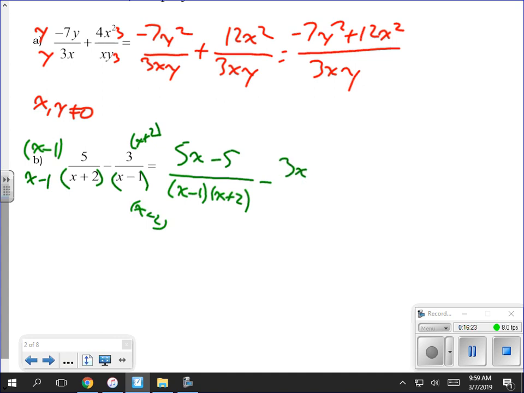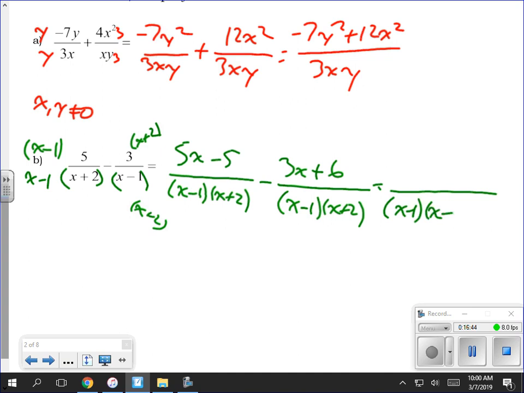So I get 3x plus 6 all over x minus 1 times x plus 2. And looky, looky, I have my common denominator. My common denominator is x minus 1 times x plus 2. X minus 1, x plus 2.